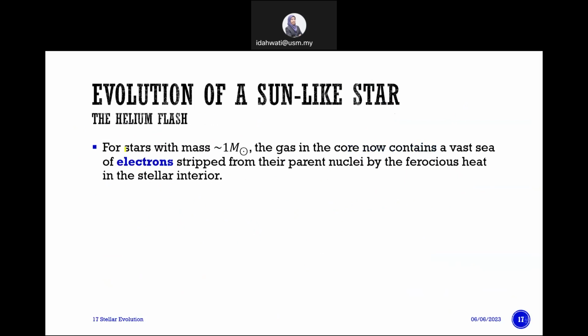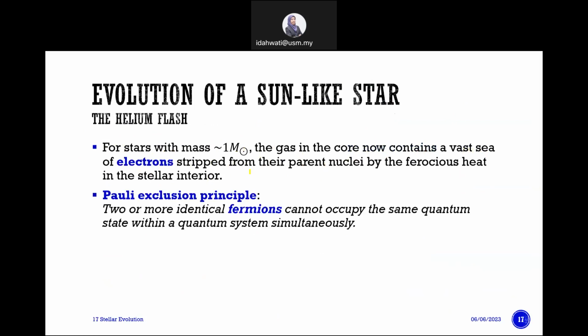And for a star with mass 1 solar mass, the gas in the core now contains a vast sea of electrons. And also we have the Pauli exclusion principle: two or more identical fermions cannot occupy the same quantum state within a quantum system.